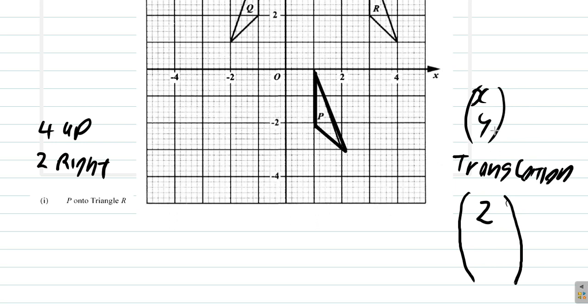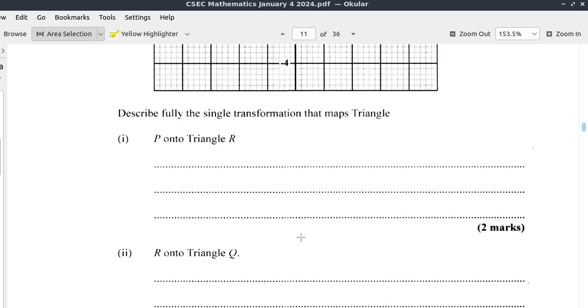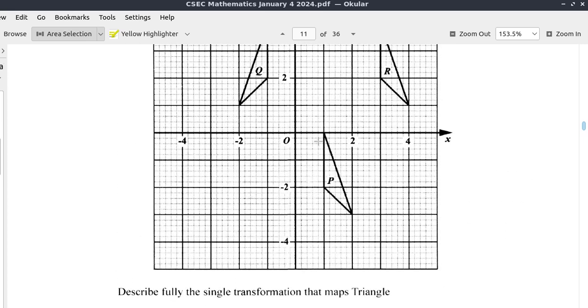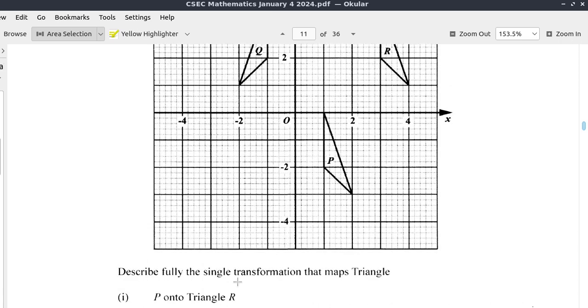Y moves up and down: up is positive, down is negative. It goes up by 4, so positive 4. So it's a translation of the form (2, 4): 2 in the x direction, 4 in the y direction. That means P goes to R.